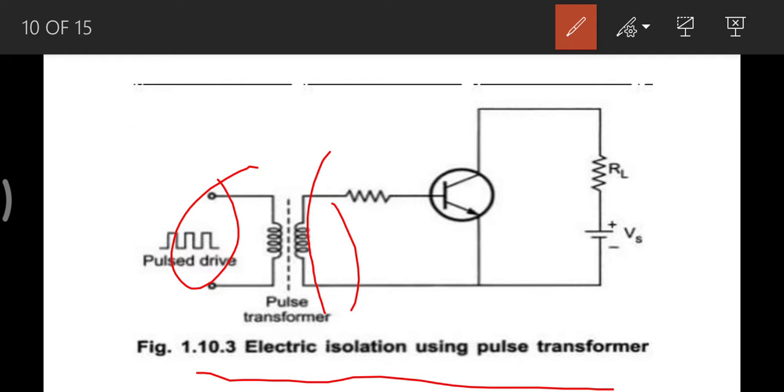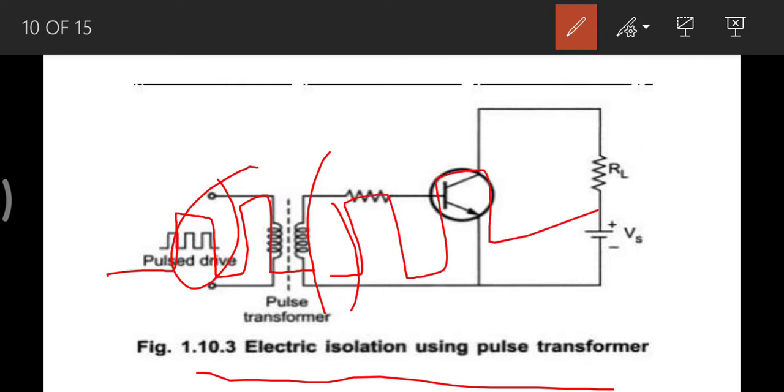That means we send a pulse signal on the primary side, and the same signal passes through to the secondary. This pulse transformer is not connected electrically, it is connected magnetically.